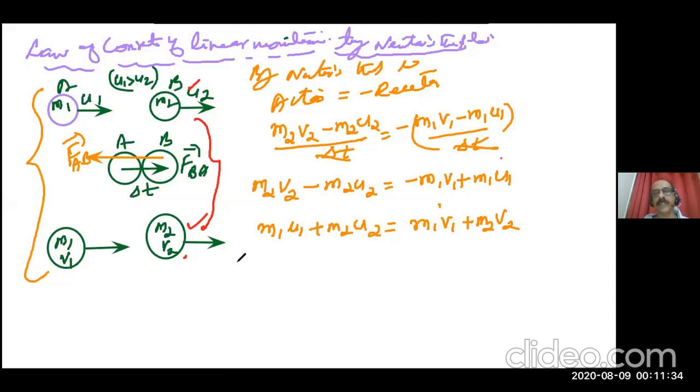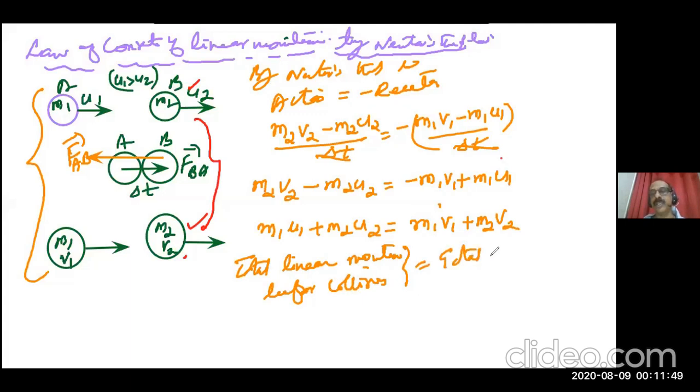So here, total linear momentum before collision is equal to total linear momentum after collision. So this is also Newton's law of conservation of momentum.